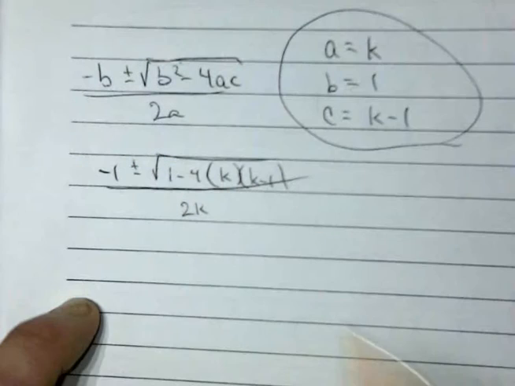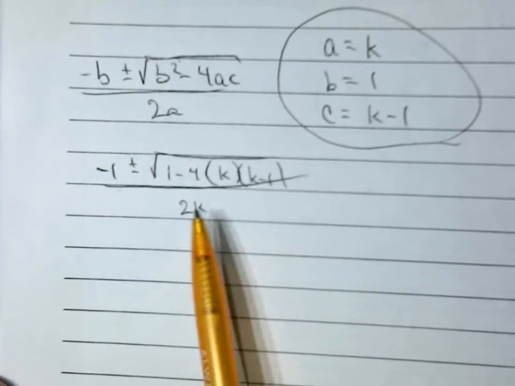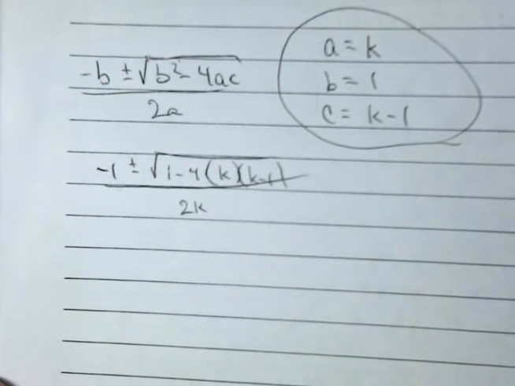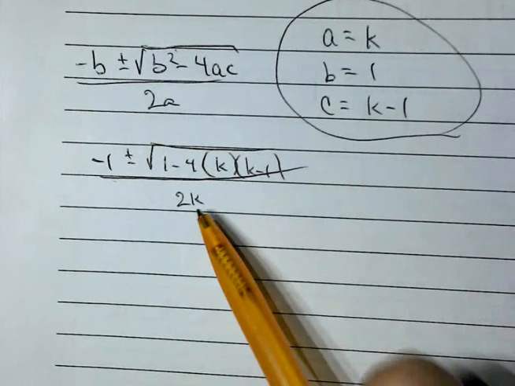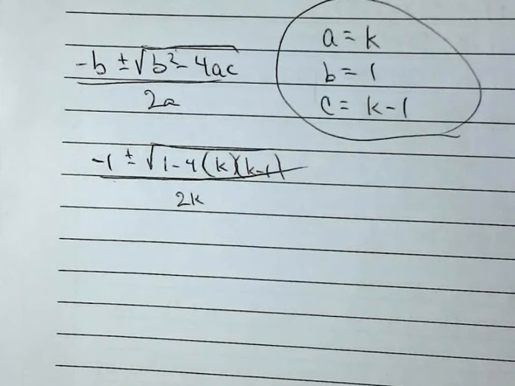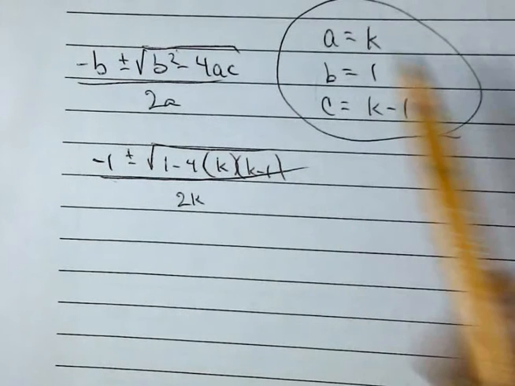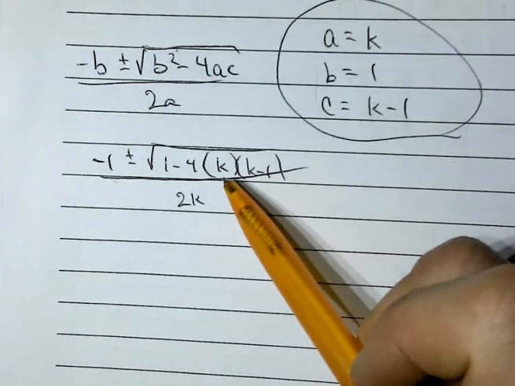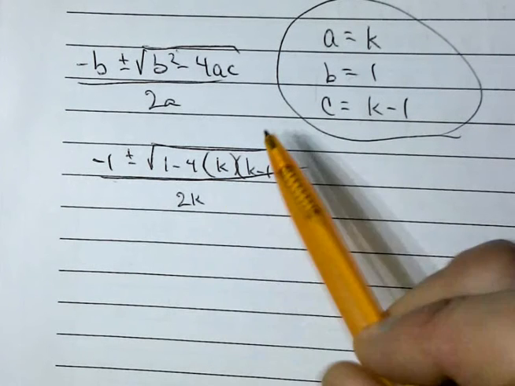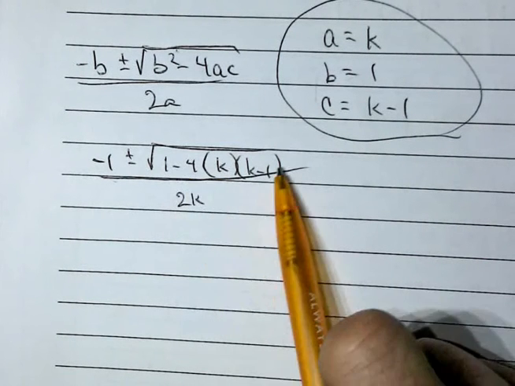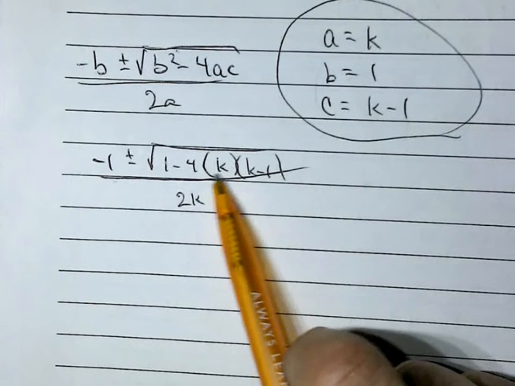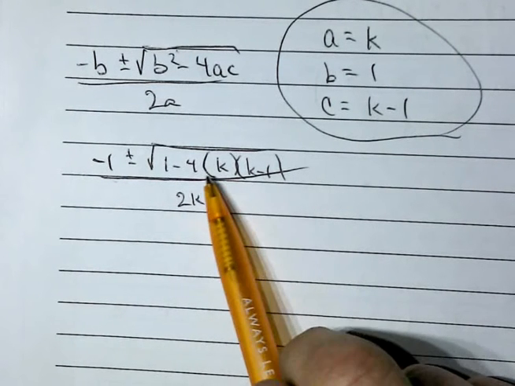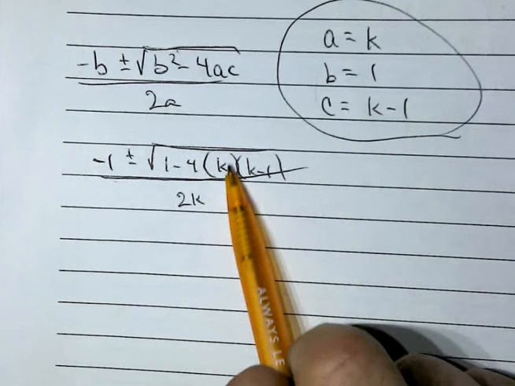Now we want to guarantee one of these is positive and one is negative. What's going to be the determining factor of whether it's positive or negative? The value of k. If k comes out to be positive, provided this is all, if 1 minus 4k times k minus 1 comes out to be negative, there's no real root.